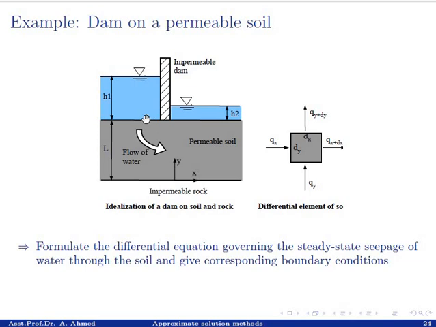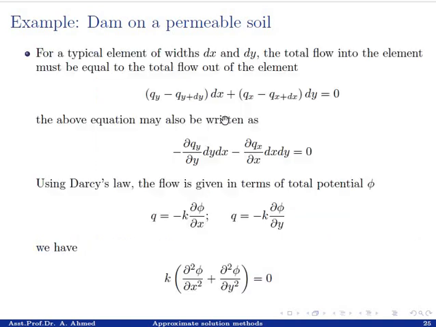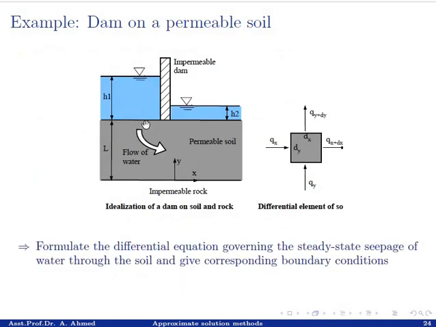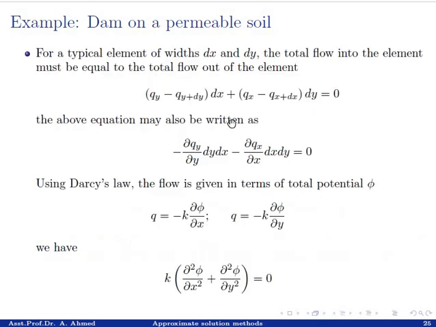So in this region the total potential must be equal to H1, and in this region the total potential must be equal to H2, and this is the mathematical representation that the total potential for values of x less than minus h by 2, means in this zone, for values of x less than minus h by 2 and at y equals to L, the total potential is equal to H1, and for values of x larger than h by 2 and for y equals to L, the total potential is equal to H2.